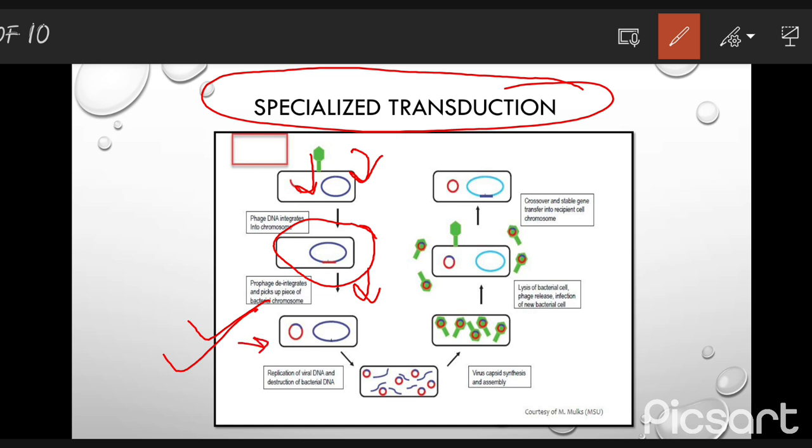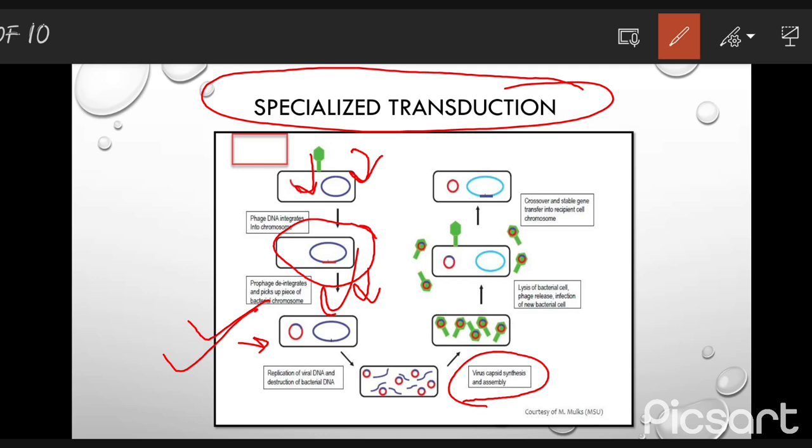You can see in this diagram that the prophage mistakenly takes up the bacterial chromosomal DNA, and thus replication of viral DNA and destruction of bacterial DNA takes place. Using host cell machinery, this prophage containing bacterial chromosome replicates viral DNA and is responsible for the production of virus capsid and the synthesis and assembly of the phage proteins and phage structure.